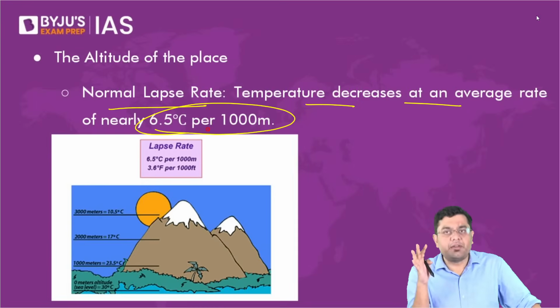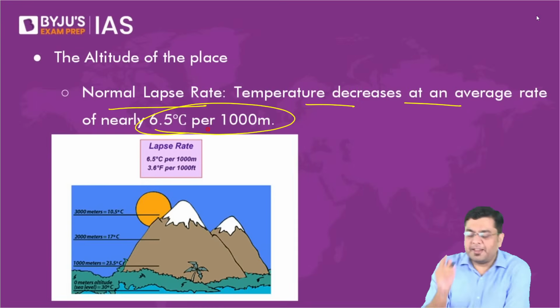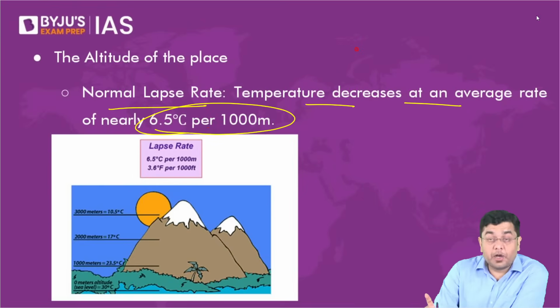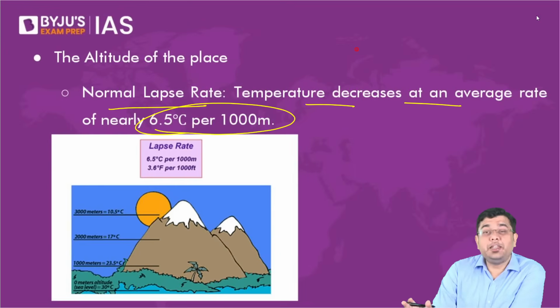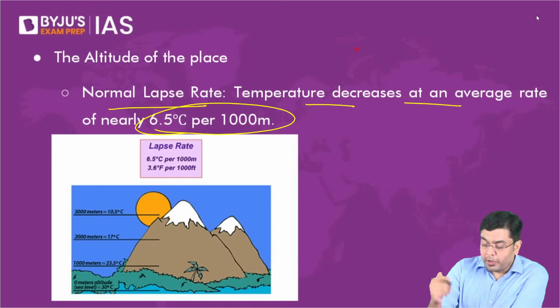Even despite the fact that at greater altitude the insolation received is high, the temperature overall is never higher. Why? Because there is lesser retention of heat. Why? Because the density of the particles is going to be maximum at sea level, and as you move higher up, the density of the particles reduces.